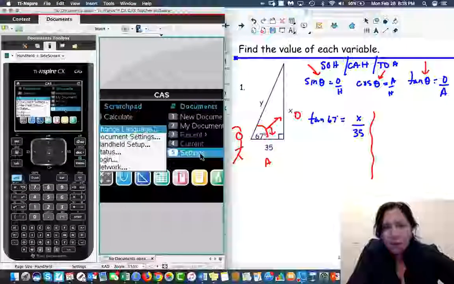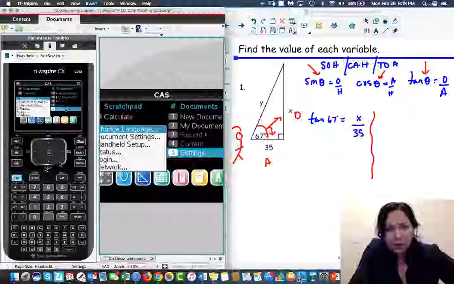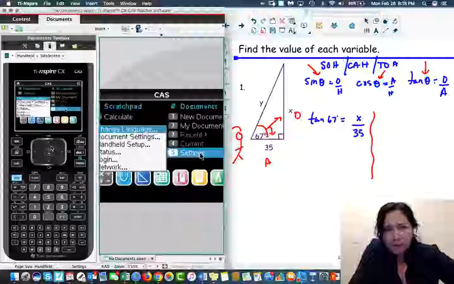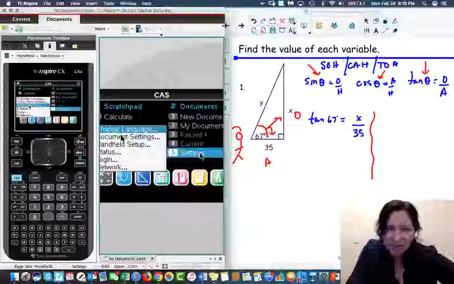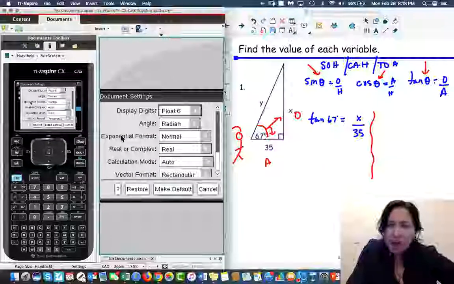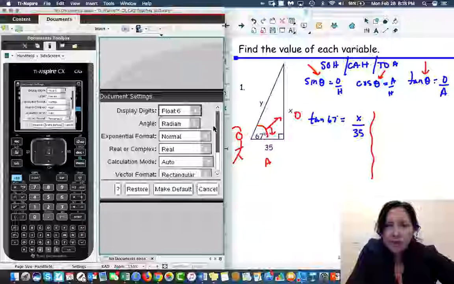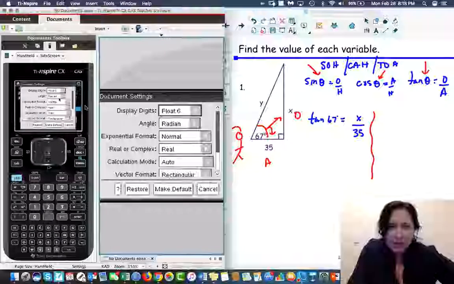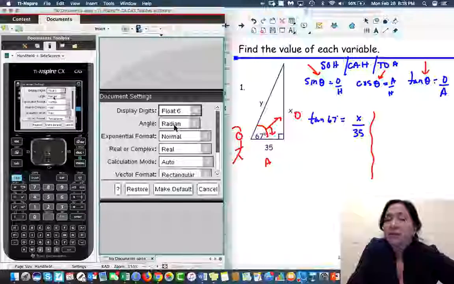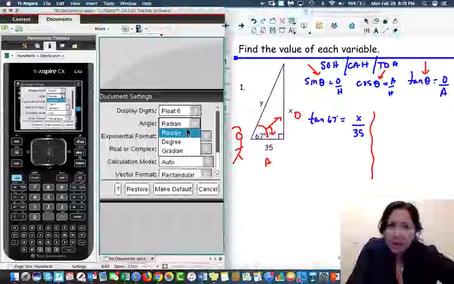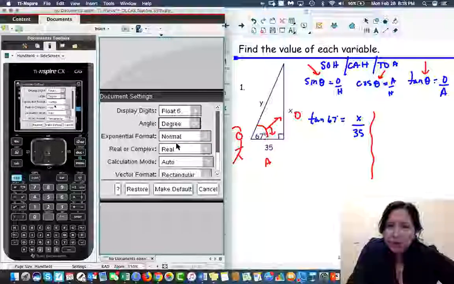So move this part right here on your pad, the little track pad. You're going to move it over to the right and down to settings. And then you're going to click on document settings. You need to be in degrees. And this calculator right here is in radians. Radians is something that we're going to discuss later on. Make sure your calculator is in degrees, okay?